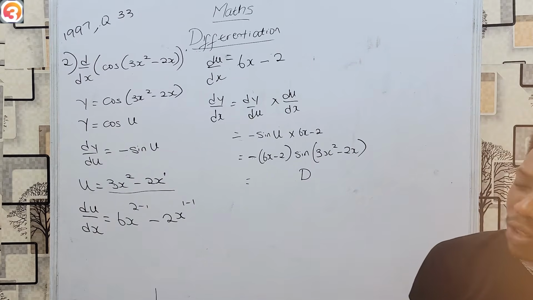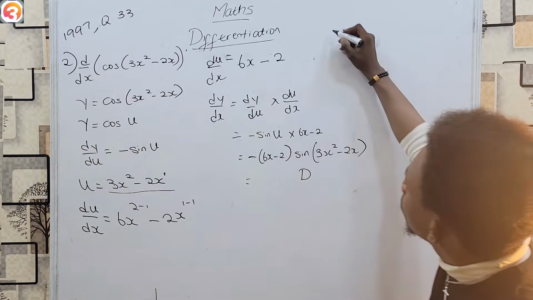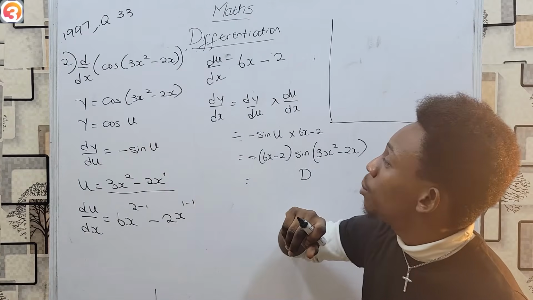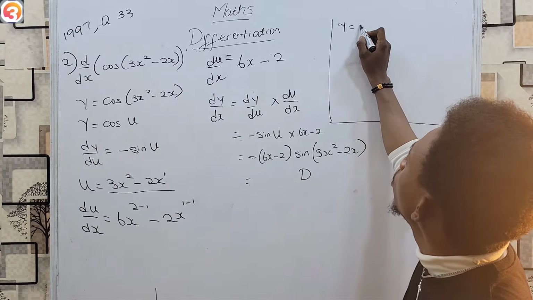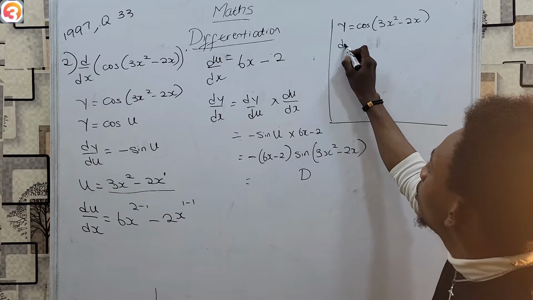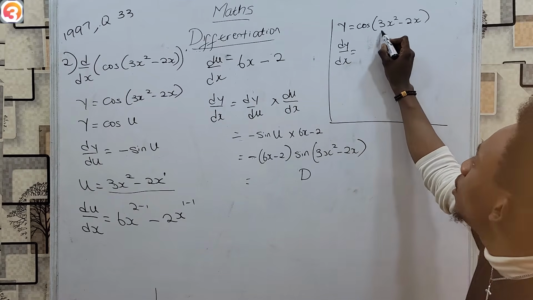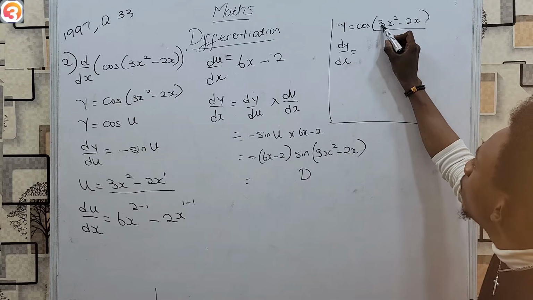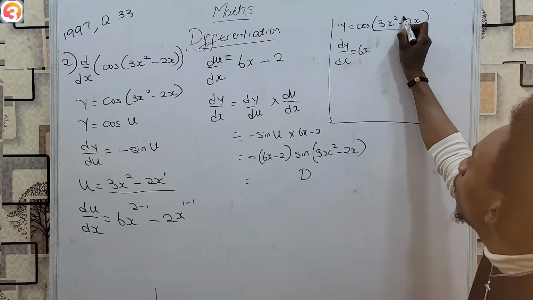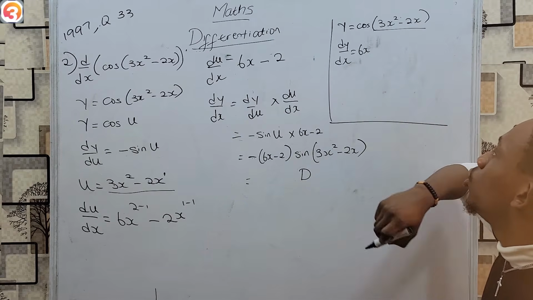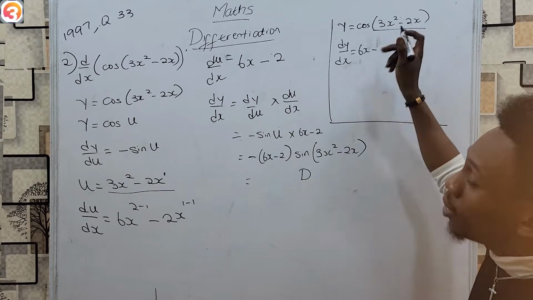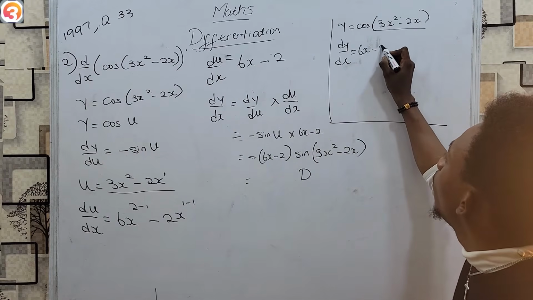Or you may be like, this is quite long, there's a shorter way to solve this. If I decided not to substitute, I'll still go into my bracket and say, if y = cos(3x² − 2x), then for my standard derivatives, simply differentiate what's in the bracket. Differentiate 3x²: 3 times 2 is 6, x, then power 2 minus 1 is 1, no need to write it. Minus, differentiate 2x. Differentiating any number with x is just that number, so 2 appears.